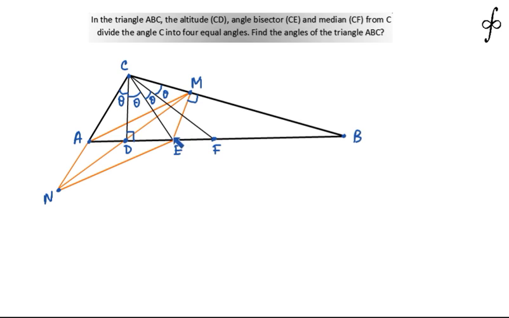Now let's study the figure. Since from E we have dropped a perpendicular on BC, this angle is 90 degrees and this angle is also 90 degrees, so CMED has to be a cyclic quadrilateral. CMED is definitely going to be cyclic because we are getting two opposite angles which are 90 degrees: CME is 90 degrees and CDE is 90 degrees.